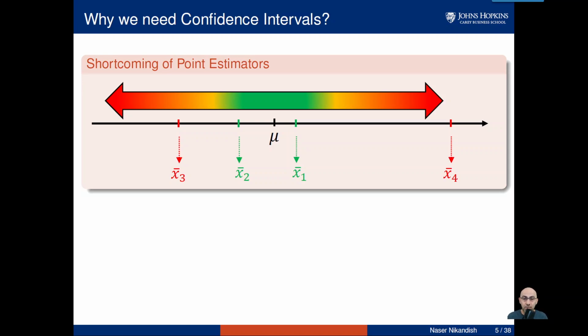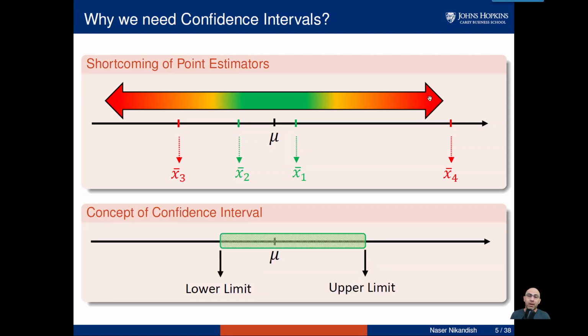If we use x bar 1 and x bar 2 to estimate mu, then we are in good shape. But what if you take a sample and this is completely possible, what if you get x bar 3? If I get x bar 3, I'm going to be way off using x bar 3 for estimating mu. Or if I use x bar 4, that's even worse, all right?